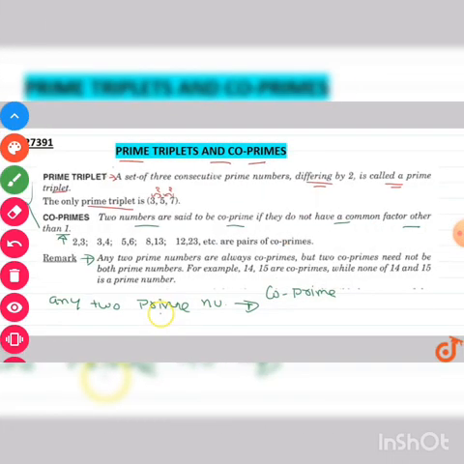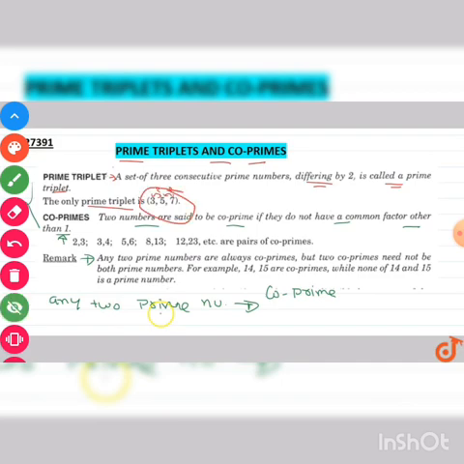Now, prime triplet. What is a prime triplet? Triplet means 3 numbers and prime means prime numbers. So a prime triplet means a group of 3 prime numbers with a difference of 2. Such numbers are called a prime triplet, and we have only one prime triplet, that is 3, 5 and 7.